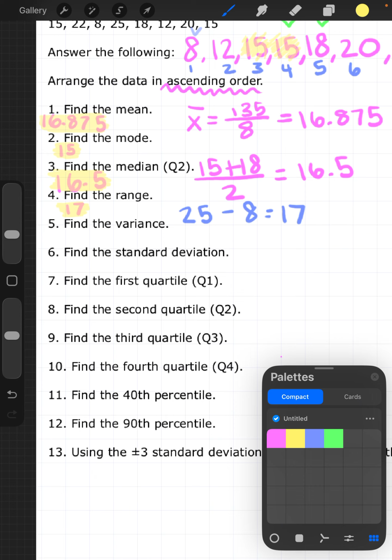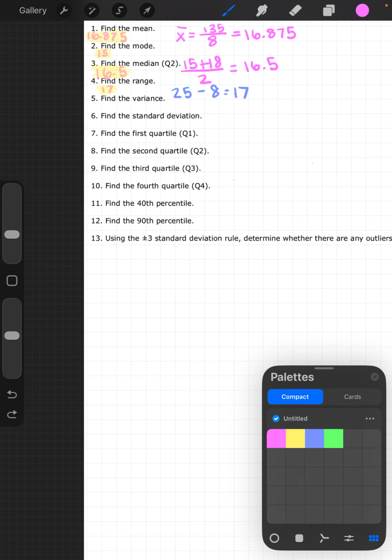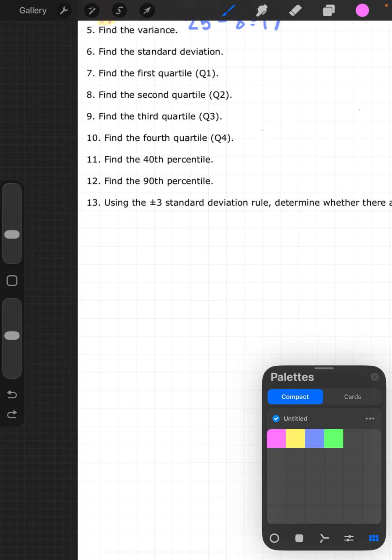Yeah. And then now we're gonna find the variance. First, we're gonna make a table. And I'm gonna put the table here. So I have x, x minus the mean, and then x minus the mean squared.